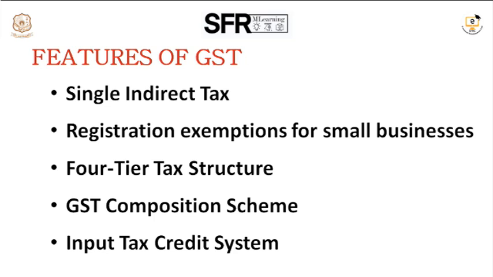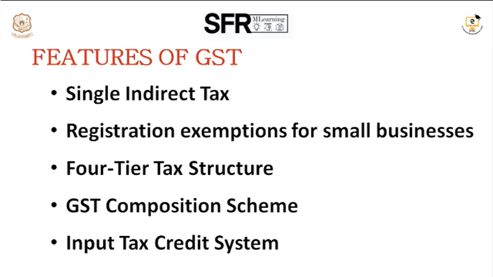So, what about the small business? If business people are doing a business with an aggregate turnover of 20 lakhs or 10 lakhs, they are exempted from registration. So, only those persons whose turnover is above 40 lakhs in states and union territories have to make registration, and there is also an exception: in some states of India, there are special category states, they are following 20 lakhs and 10 lakhs, that we will be seeing in the next slides.